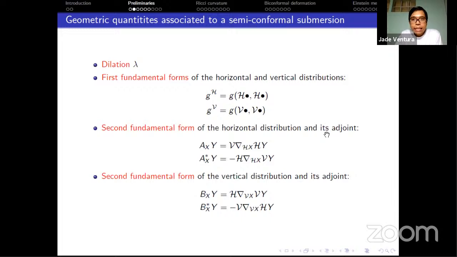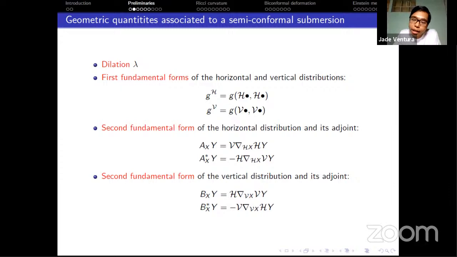So the computation of the Ricci curvature is done in terms of geometric quantities related to the semi-conformal submersion phi. These geometric quantities are the dilation, the first fundamental forms of the horizontal and vertical distributions. So how do we get those? We simply restrict the metric G to horizontal vectors and to vertical vectors.